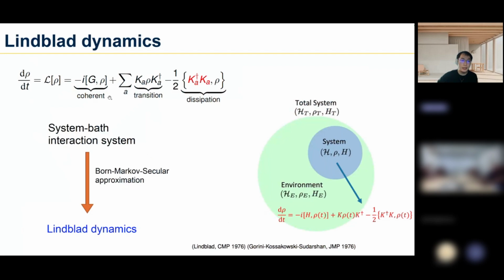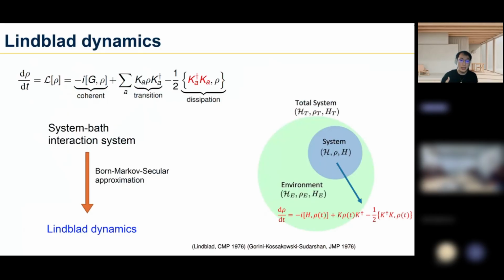In this Lindblad dynamics, there are three different terms. The first term is called the coherent term, which essentially corresponds to the original Hamiltonian evolution. And the last two terms are called the dissipative terms. Here, this K_a is a matrix. We often call it a jump operator in our Lindblad dynamics.